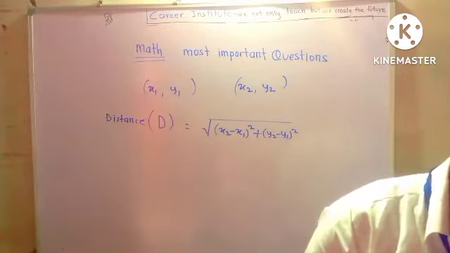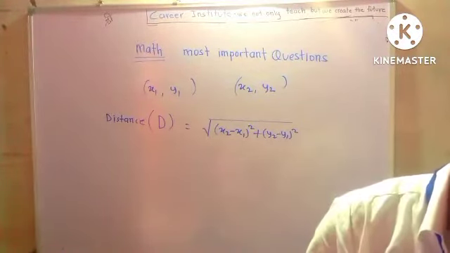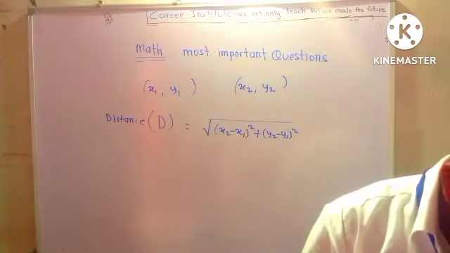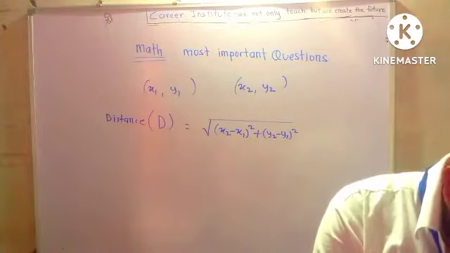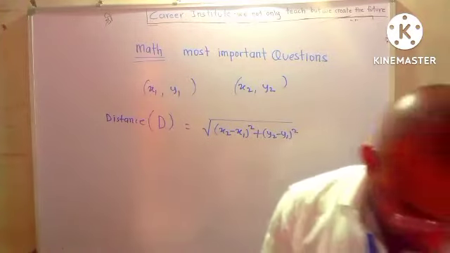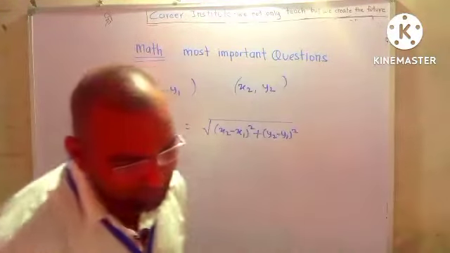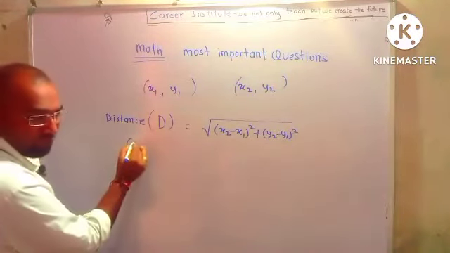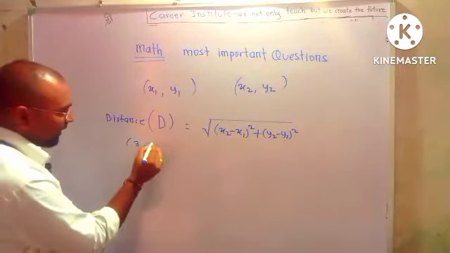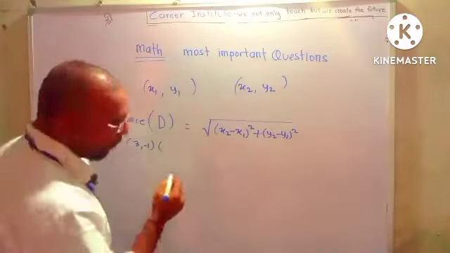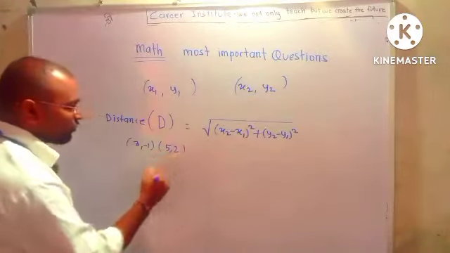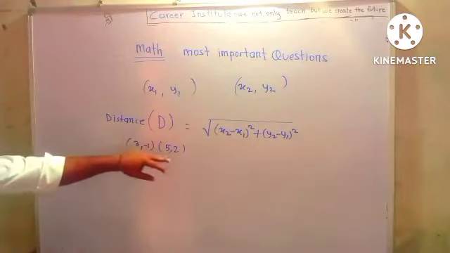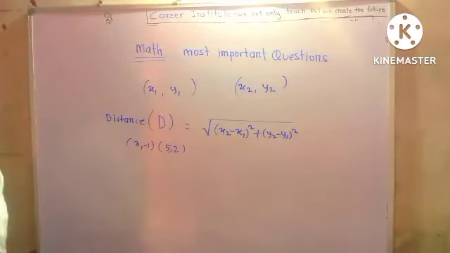2 points. Now let's see one question, a most important question. If you have any confusion, clear that first. Find out the distance between 2 points. Suppose one point is (3, -1) and the second point is (5, 2).